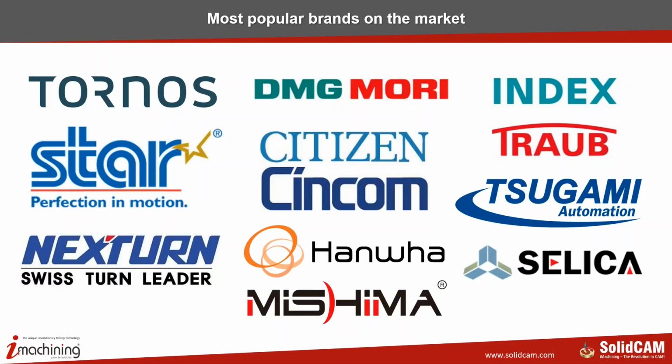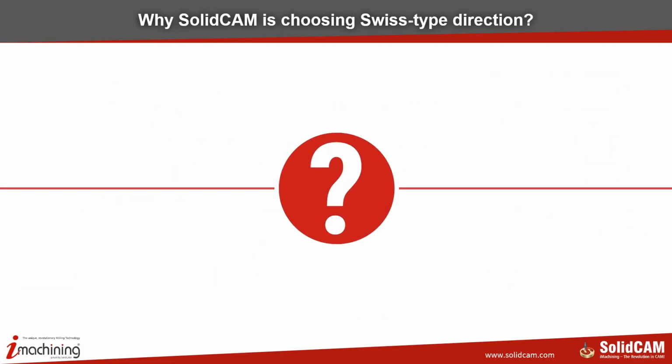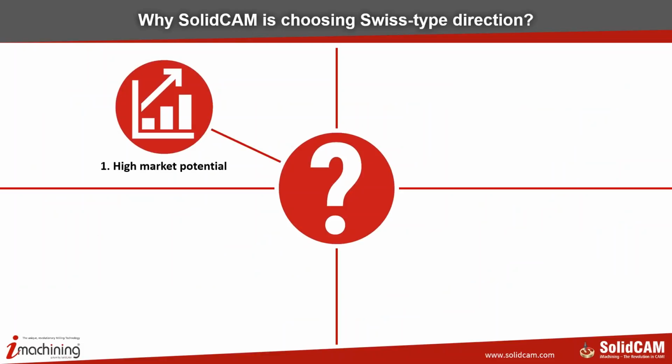This is a slide basically with all those which we already made some posts about. And the real question is also why we actually chose to go in the Swiss type direction. Okay, besides, we saw first of all that it has high market potential.